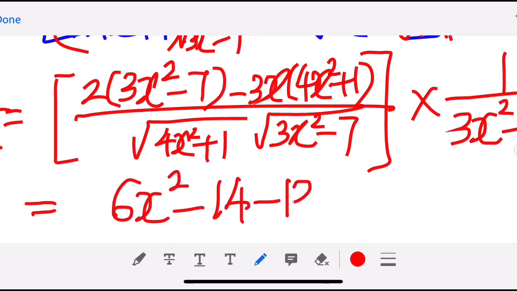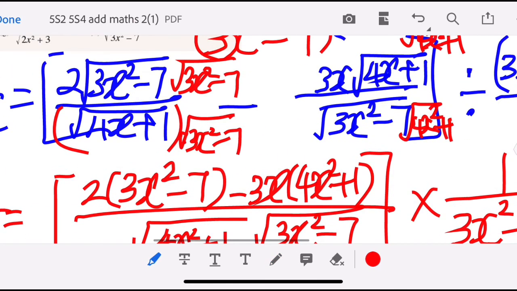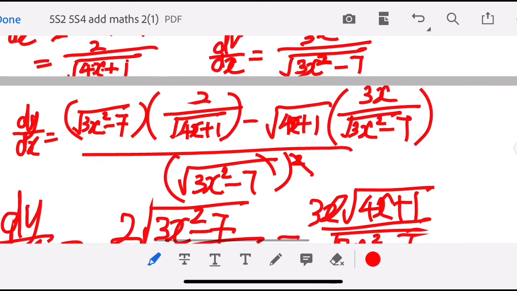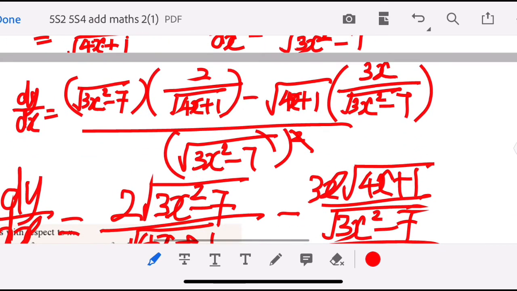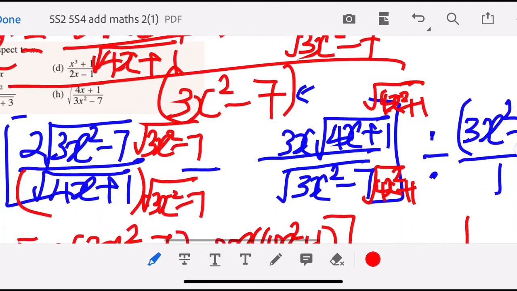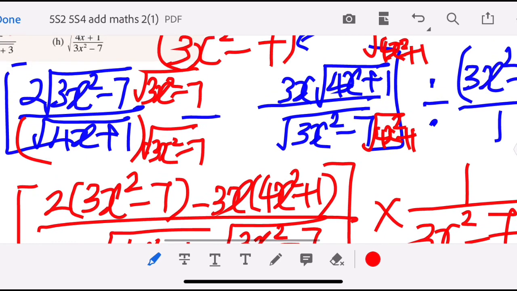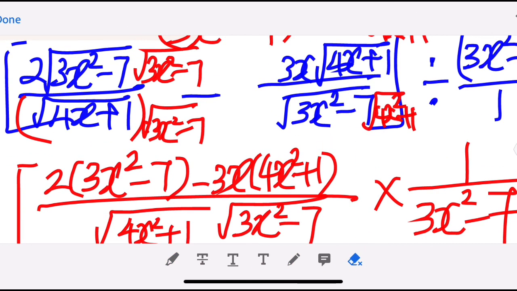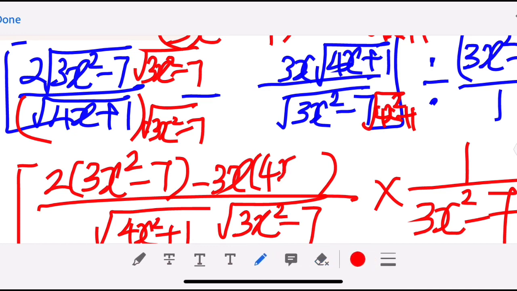So you have 12x. Let's double check, is there a mistake or not? We have 3x, and 4x plus 1.